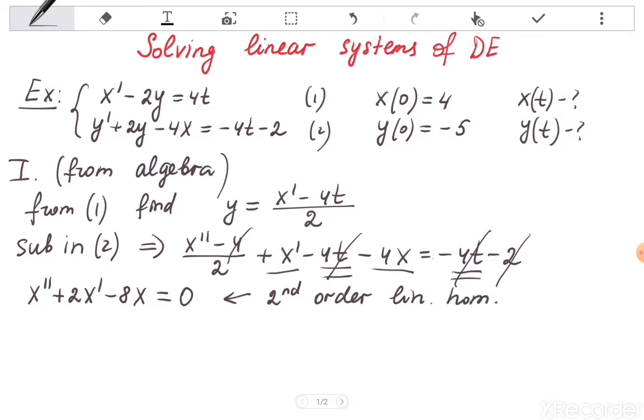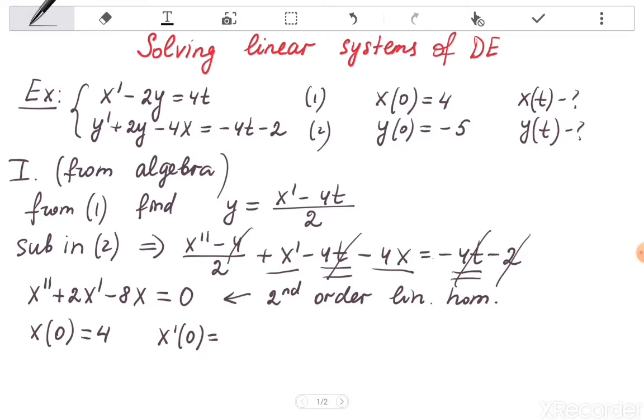So we definitely know how to solve this, except just one thing, that we have an initial value only for x. And to solve this initial value problem, we also need the initial value for the first derivative of x, right? So let's find it, x prime of 0.